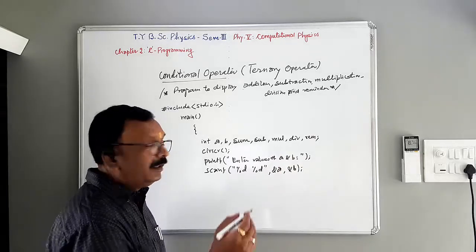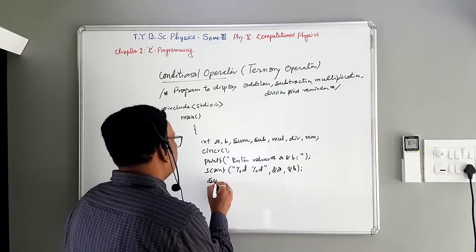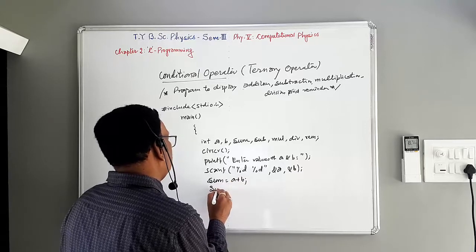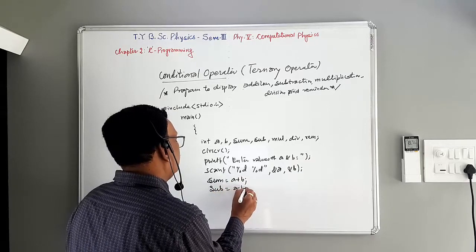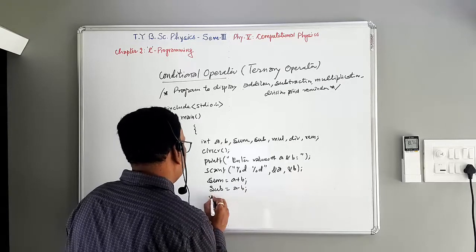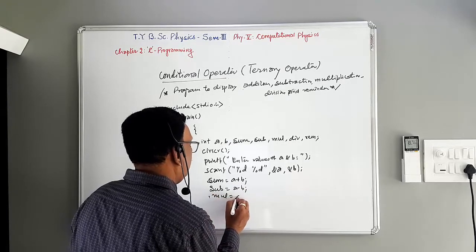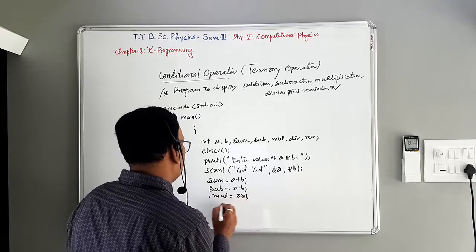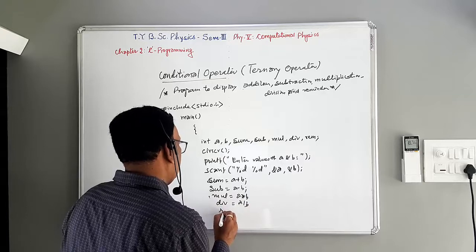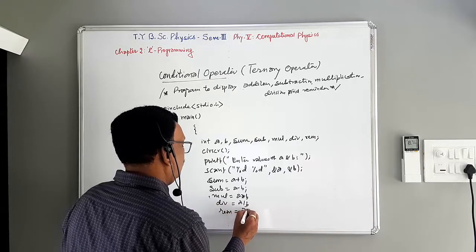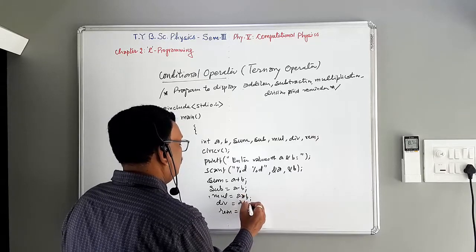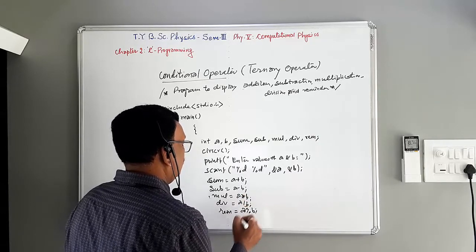Okay. Now, we have to use formulas. Sum is equal to A plus B, difference is equal to A minus B, multiplication A into B, division A by B, and remainder A modulo B. These are the formulas.